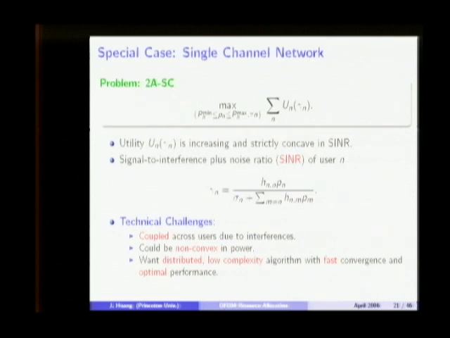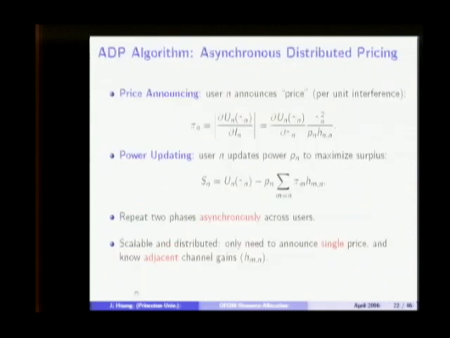So next, I'm going to first explain an algorithm that we propose, a distributed pricing algorithm. And later, we will show the convergence performance of this algorithm and how it solves this problem. So this is the algorithm we propose. It's called the ADP algorithm, Asynchronous Distributed Pricing algorithm. There are 2 phases in this algorithm. The first phase is the price announcing phase, where each user n in the network announces a price per unit interference, which is calculated as the derivative of the utility function in terms of the total interference it receives.